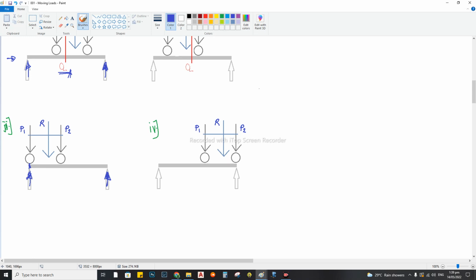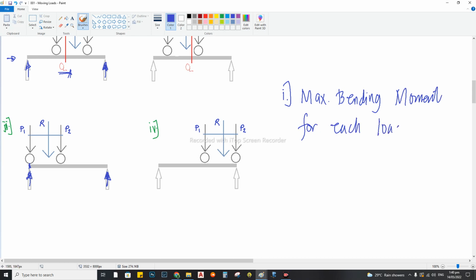So again, remember two things we need for this moving loads analysis. We need to get the maximum bending moment for each load, and also the maximum shearing force.